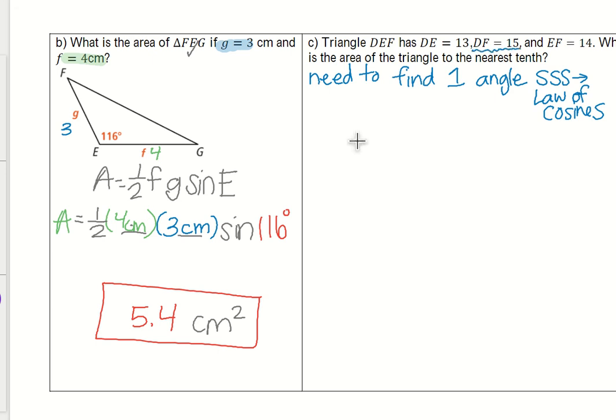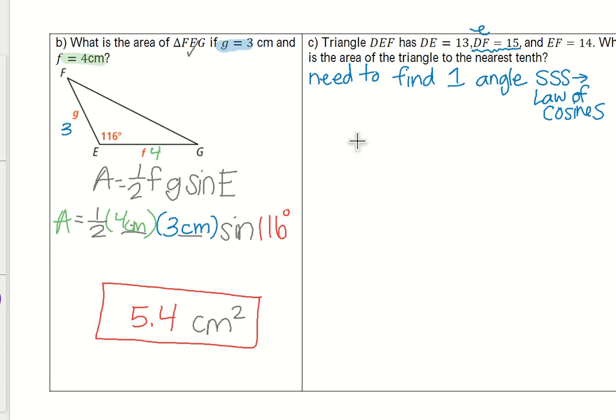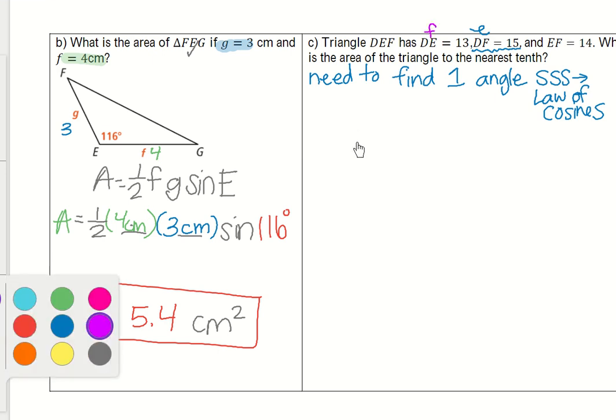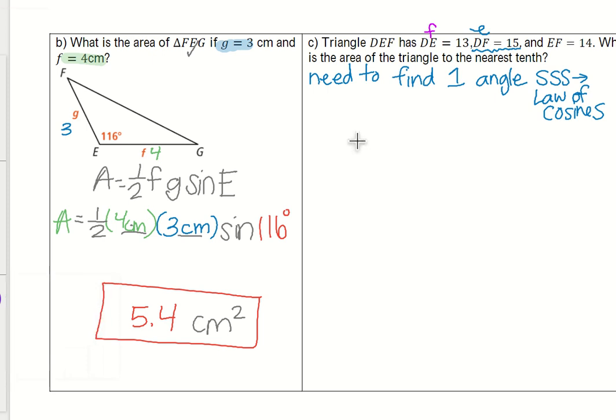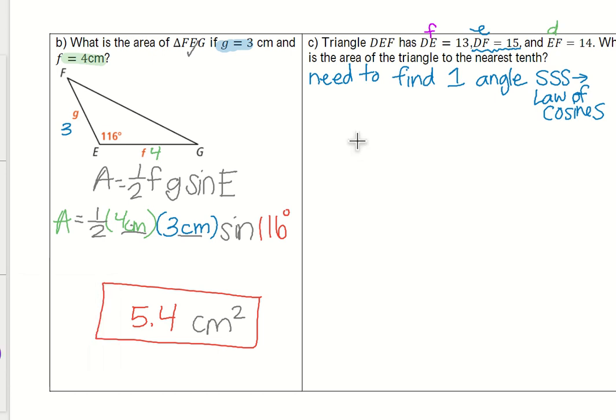So side DF would be side lowercase e, because that's the letter we don't have there. Side DE would be lowercase f, and then side EF would be lowercase d. I'm just always going to pick the largest angle. So that means that I want to find cosine of E and use the law of cosines.